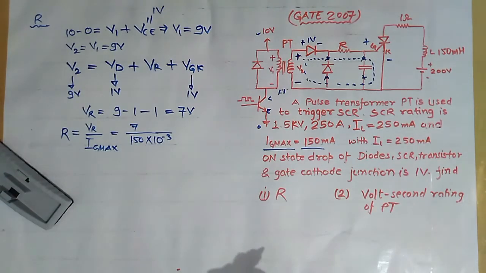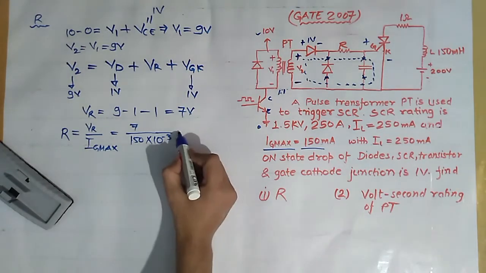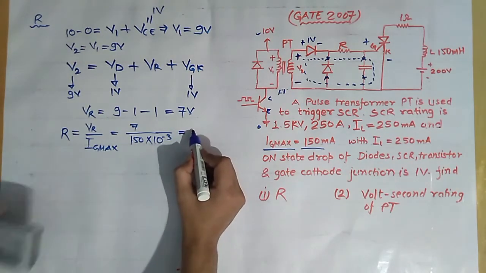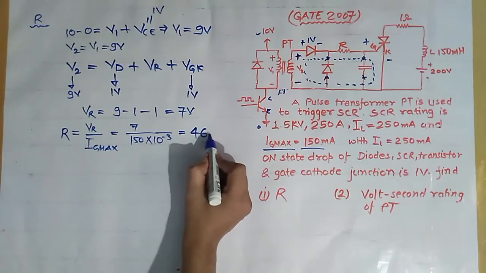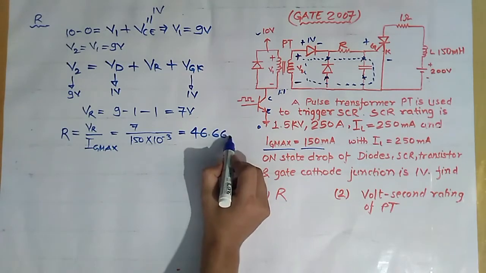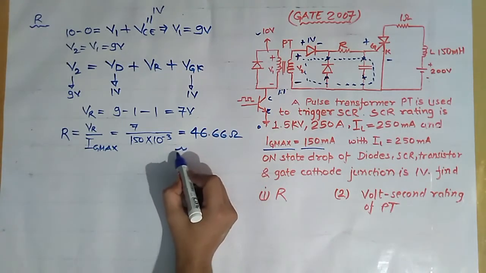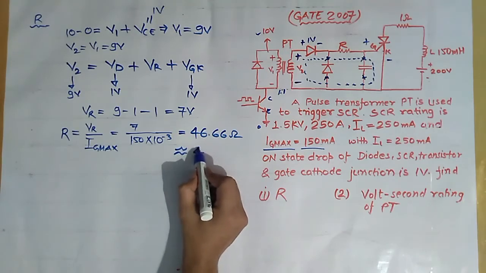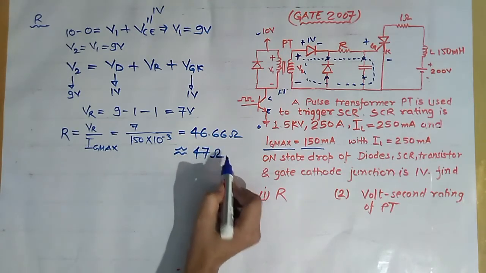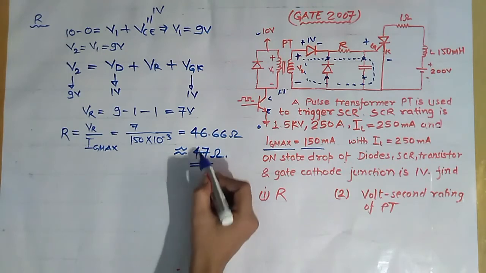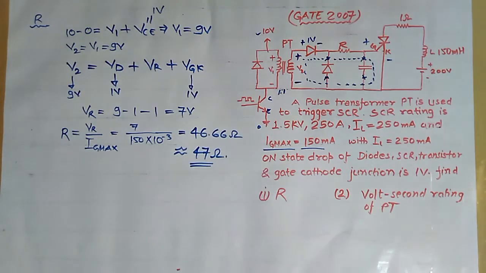On solving this, we get 46.66 ohm, and in the options 47 ohm was given. So the answer is 47, which is nearly equal to 46.66.